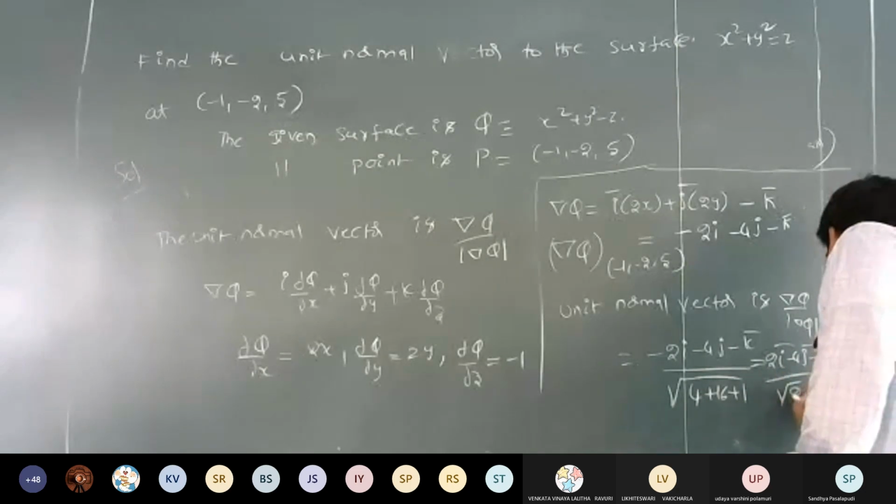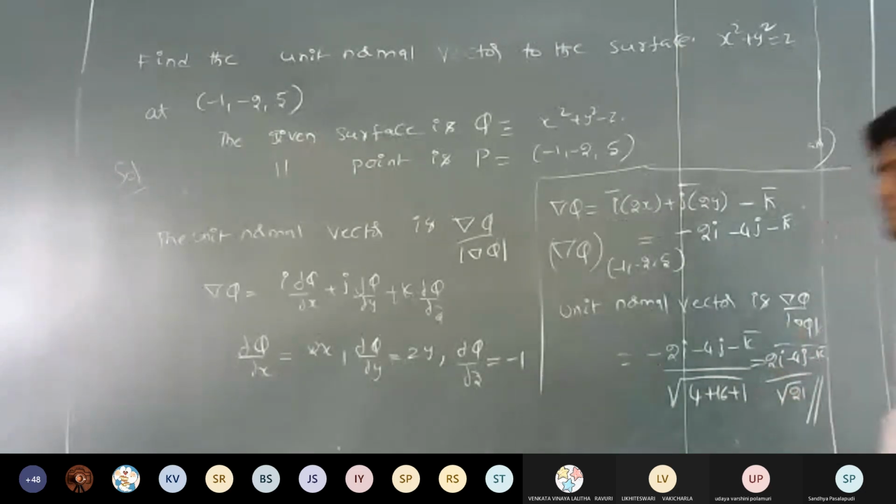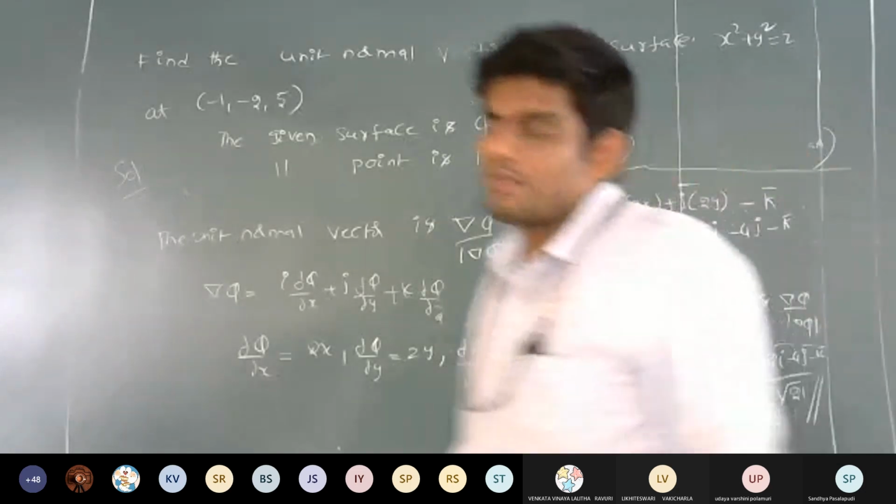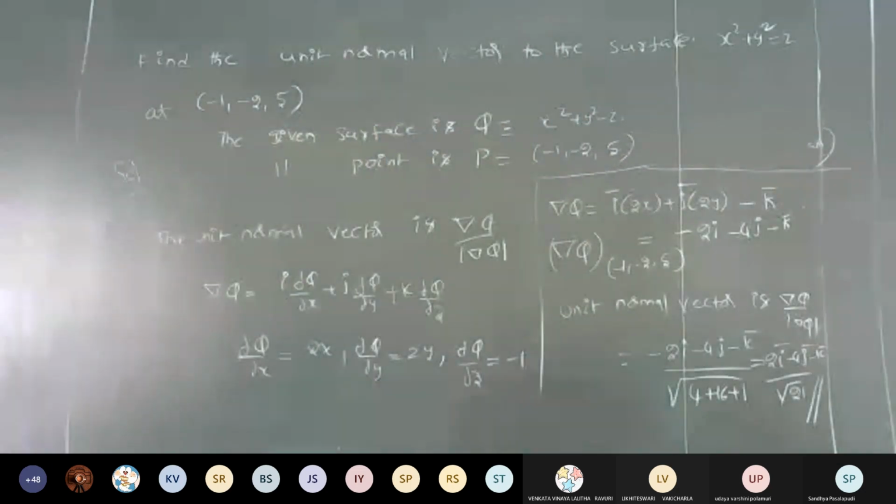What is the denominator? Root 21. So this is the problem related to the unit normal vector: minus 2i minus 4j minus k bar by root 21.